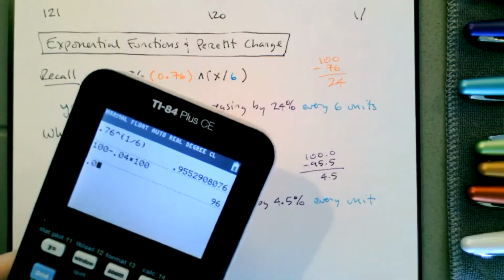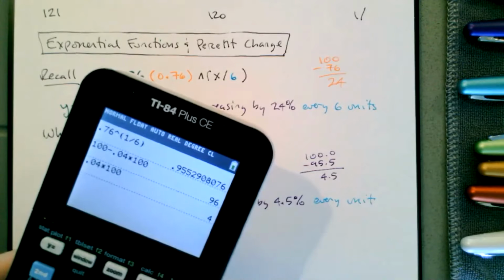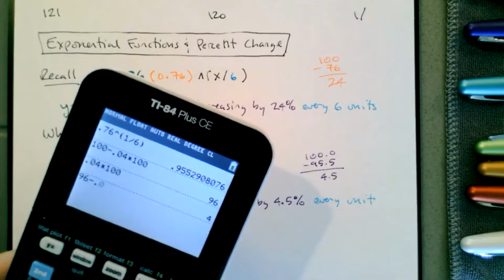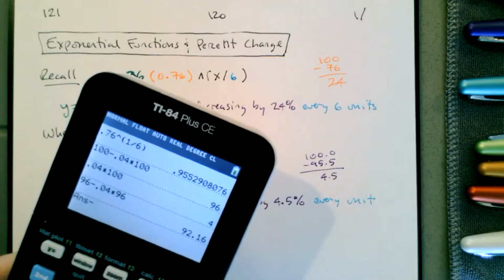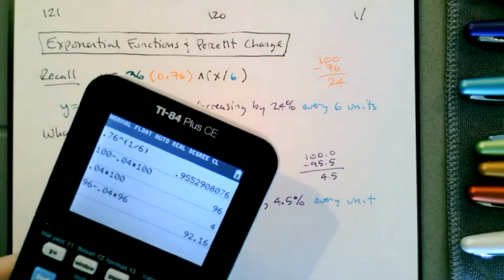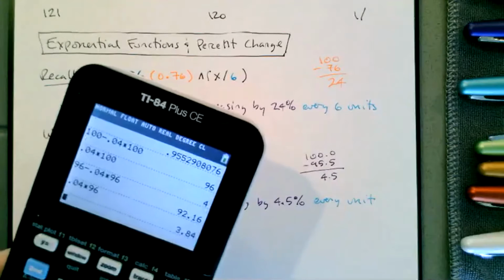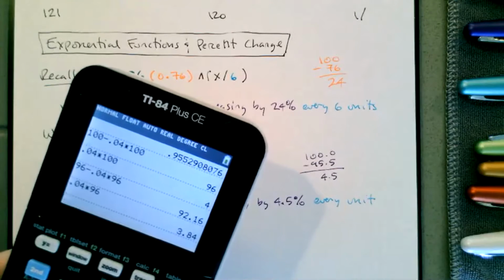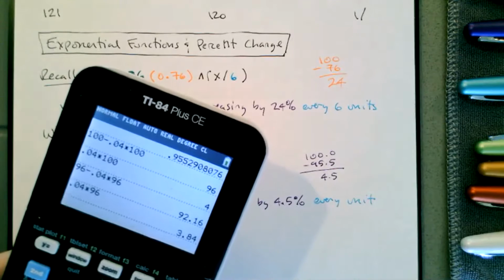Before I subtracted 4% of 100, so I subtracted 4. Now I take 96 and subtract 4% of 96, so the amount I'm subtracting is only 3.84. Where I subtracted 4 from 100, I only subtract 3.84 from 96.